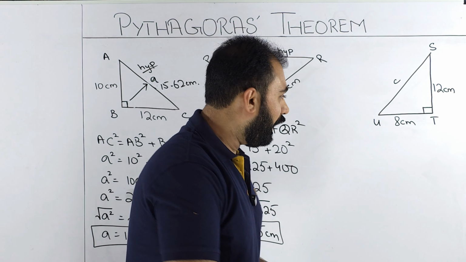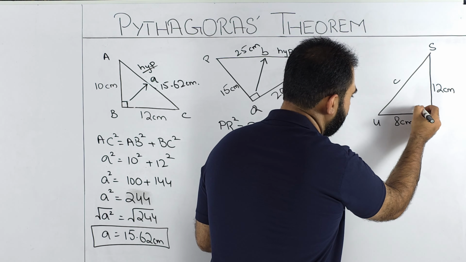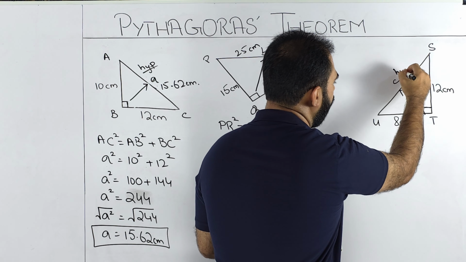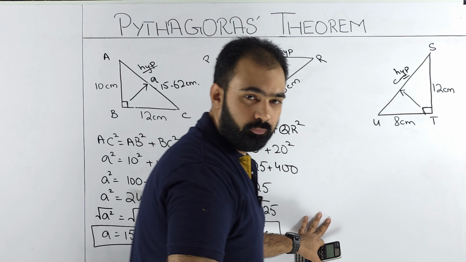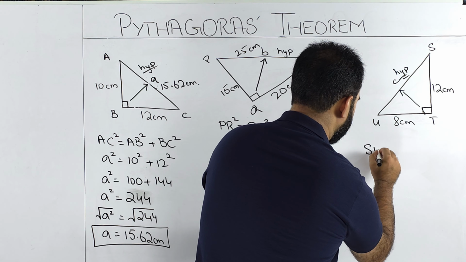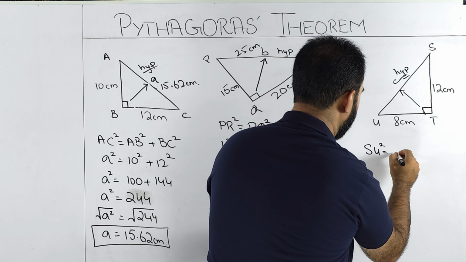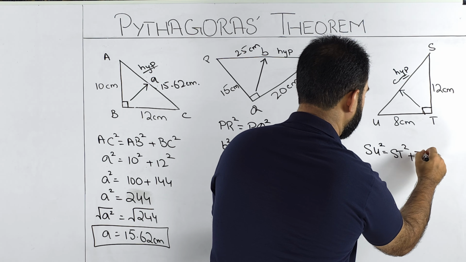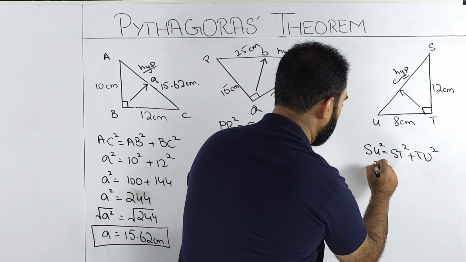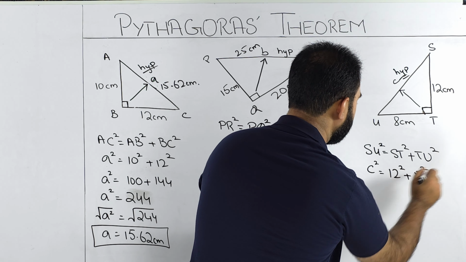Now, let's see here. Again, it is a right angle triangle. First, we need to identify the hypotenuse. This length opposite to 90-degree angle is hypotenuse, that is C. Now, according to formula, SU square is equals to ST square plus TU square. SU square in this case is C square is equals to ST square, 12 square, plus 8 square.